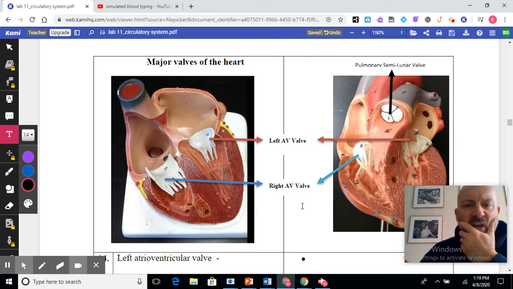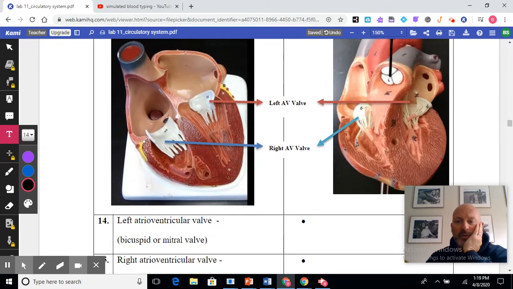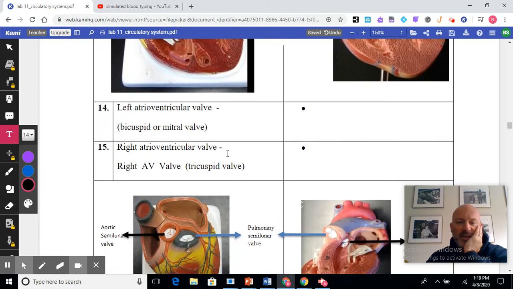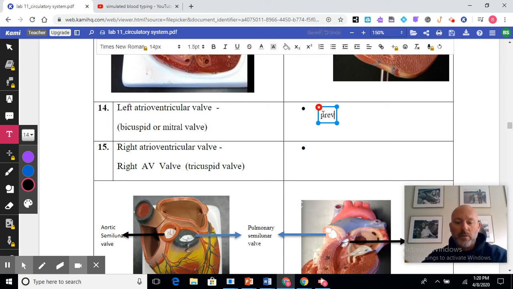All right, so here we have the major valves of the heart, including the left and right AV valves, the pulmonary and aortic semilunar valves. They're labeled for us. And what can we say here? We're going to say the same thing for all the valves. What's the function of any valve? They prevent the backflow of blood, right?